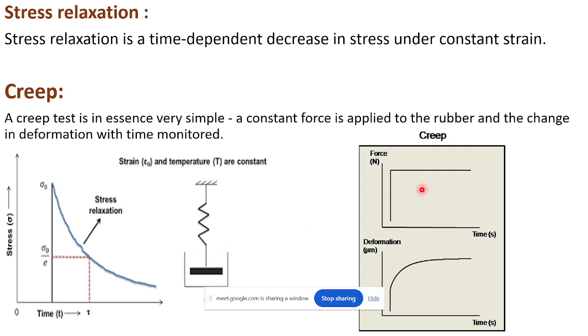The next is creep, that is the fixed stress, and you will notice the deformation behavior with time. How with time the deformation behavior is changing. So you see the deformation is increasing, and then it becomes constant. Now there is a creep failure or different failure mechanism also.